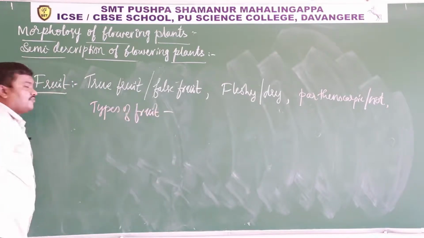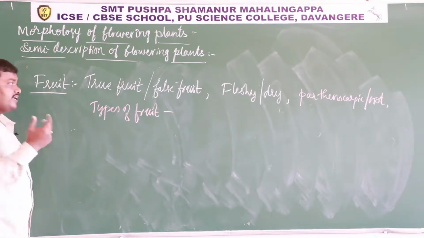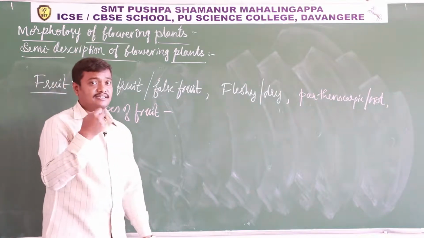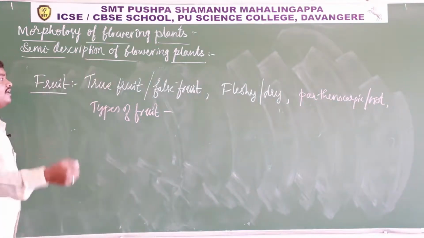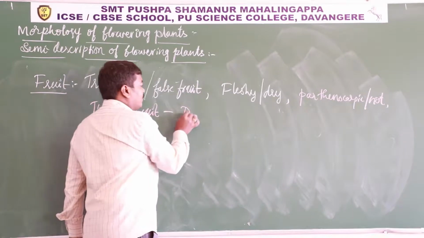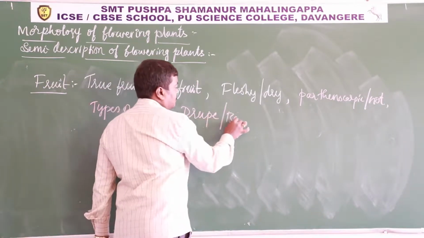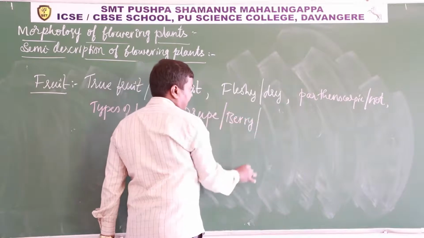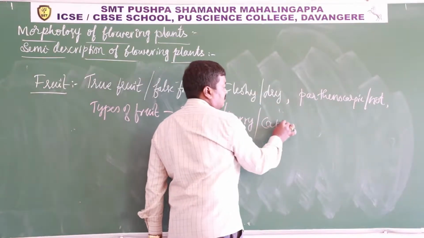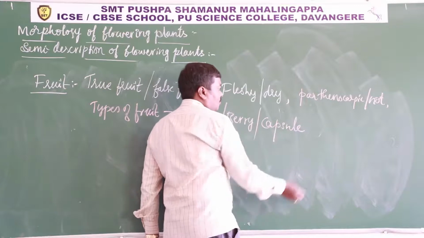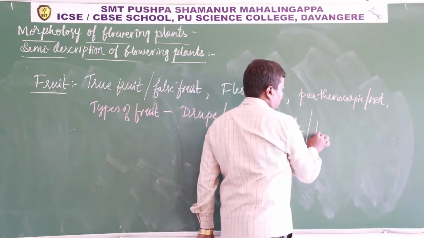Each and every type of fruit has a specific technical term, a scientific name, like whether the fruit is a drupe, berry, capsule or pod.